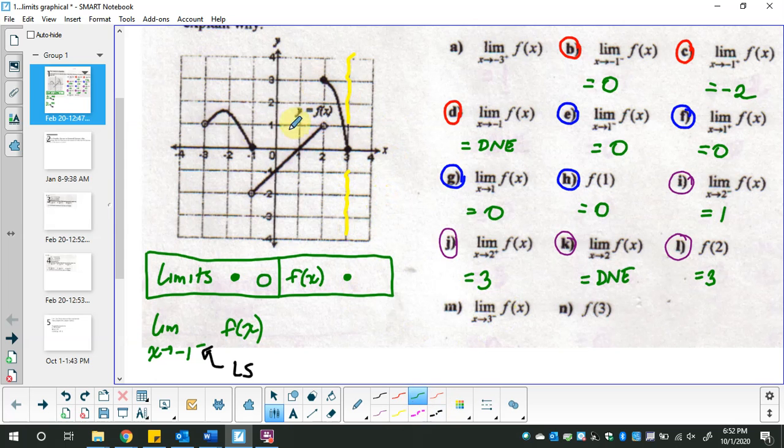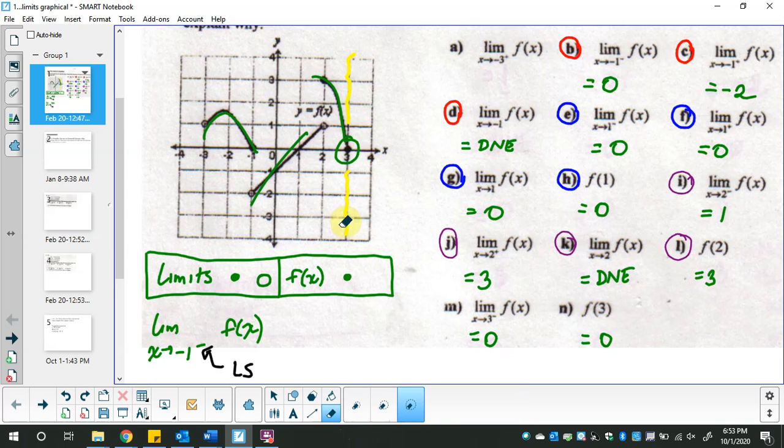So if I look at this, nothing to do with over here. Nothing to do with over here. This one comes in and actually lands there. That is x equals 3 and y equals 0. And then if you take a look, because that's a dot, this is saying where is the dot at 3? And we can answer, oh, it's 0.